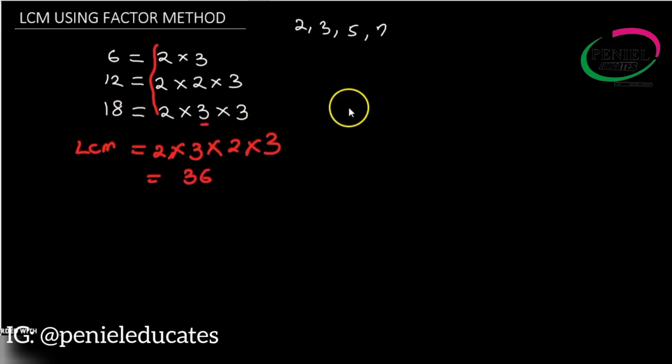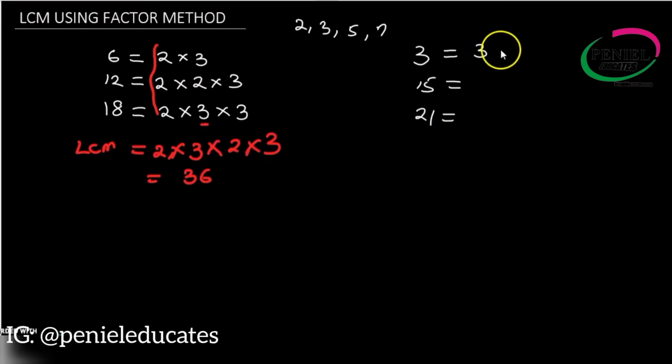All right, so let us look at another example. Let's say we're told to find the LCM of 3, 15 and 21. We're going to express each of them as a product of prime numbers. So this one is just 3.